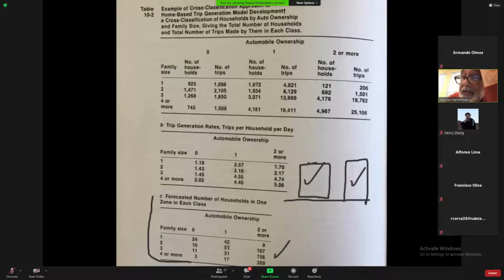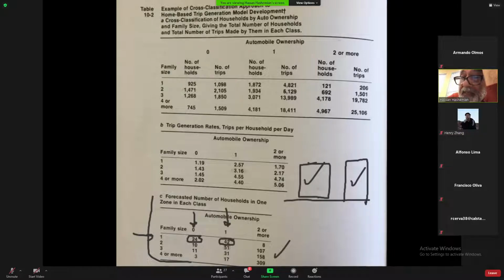So we know, for instance, that in that previous apartment there are 24 apartments with a single person in it and no car. We know that there are 42 households with 1 car and 1 person in it, and so on.